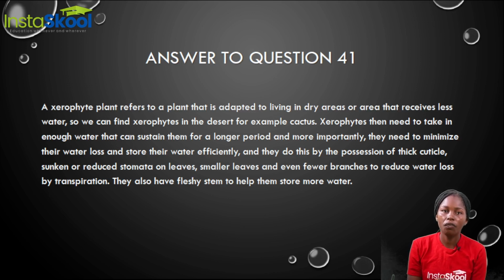Now, these xerophytes need to take in enough water that can sustain them over a long period of time. But more importantly, they need to minimize their water loss, that is, the rate at which they lose water. They also need to be able to store their water efficiently. And how do they do this?